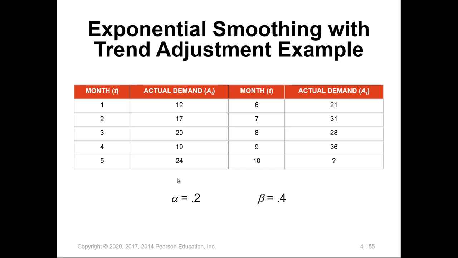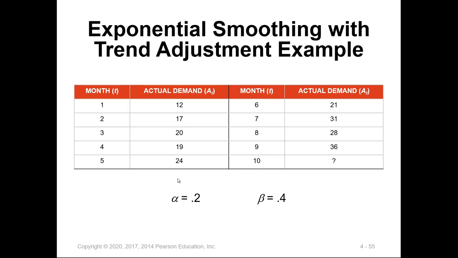A large manufacturer wants to forecast demand for a piece of pollution control equipment. The table in this slide shows that a review of past sales indicates that an increasing trend is present.